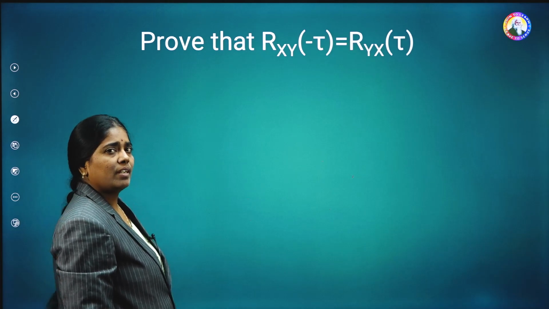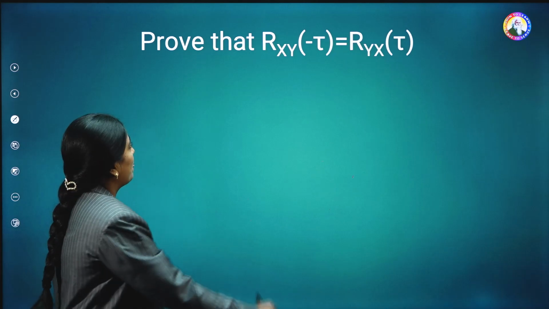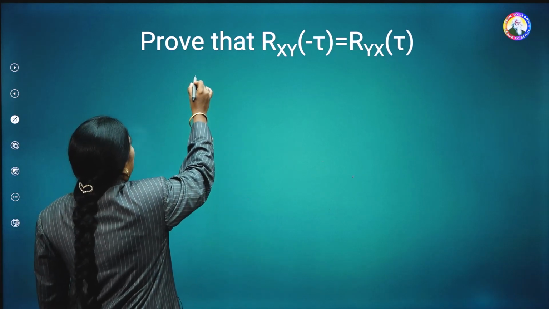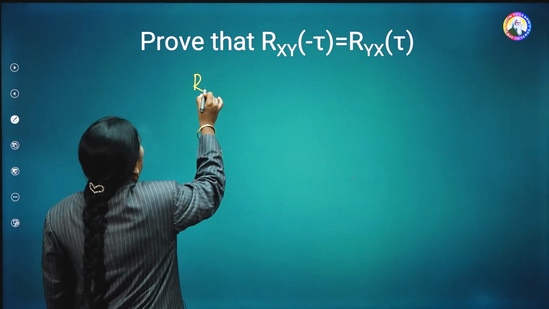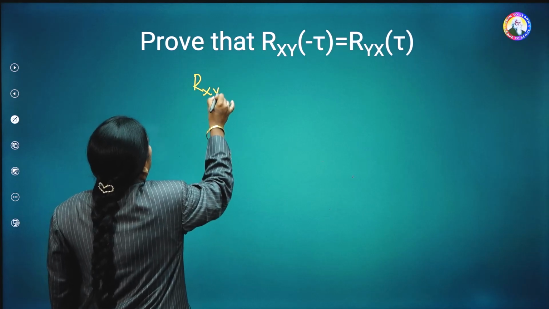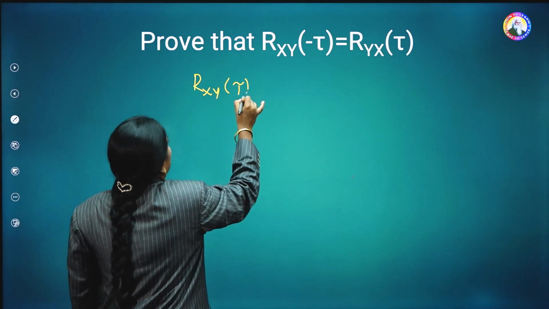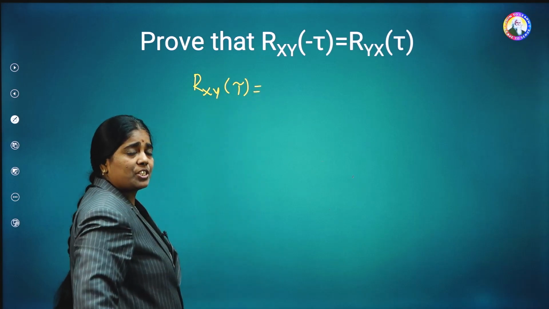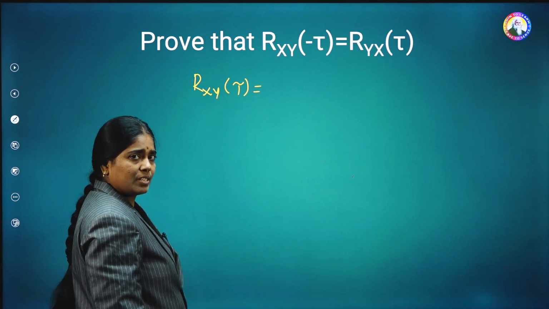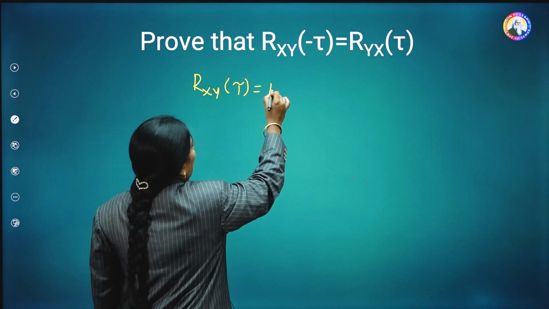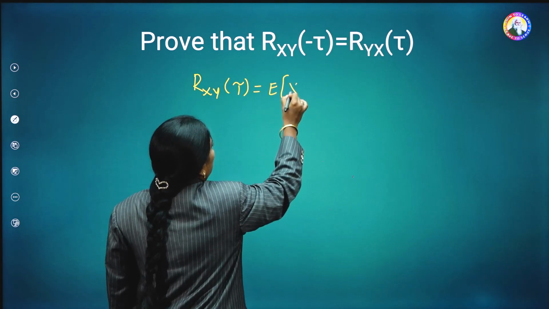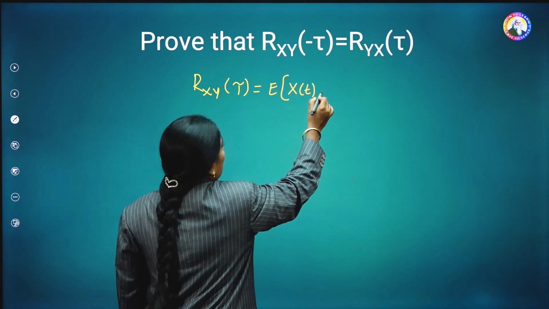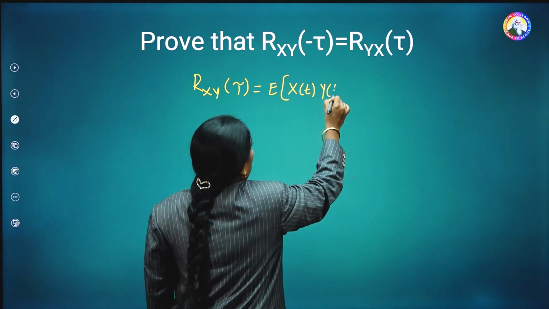This property describes the symmetric property of cross-correlation function. To prove this, let us take RHS. Rxy of tau, from the definition of cross-correlation function, is equal to the expected value of x of t into y of t plus tau.